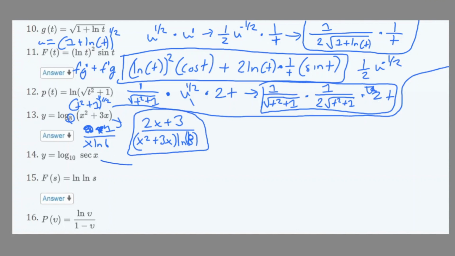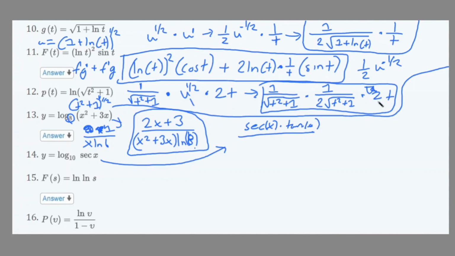And for number 14, we're also dealing with a log function, so we could just do the same thing again. So on the top would go the derivative. The derivative of secant x is secant tangent. So we should write secant x times tangent x.